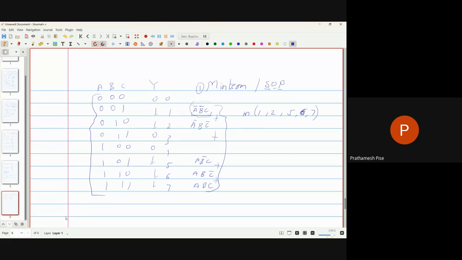So how can we first of all create terms? The output of that term should be zero whenever these three inputs are zero.